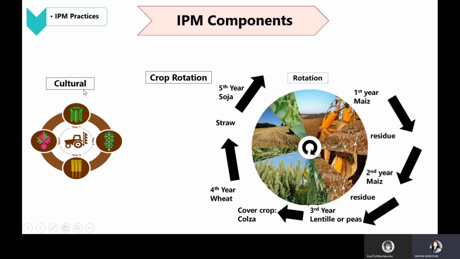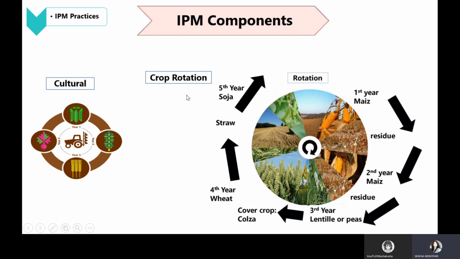Another cultural practice, which is most often used in the field, so it is not an indoor thing, is crop rotation. We cannot talk about crop rotation in the greenhouse, however, it depends on the management.